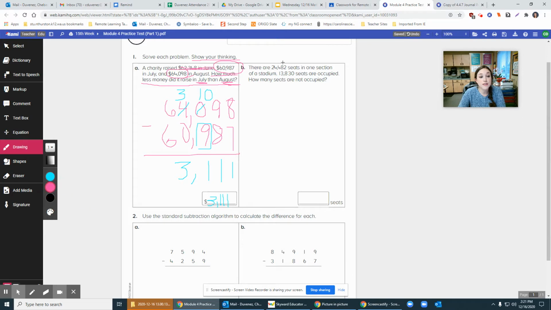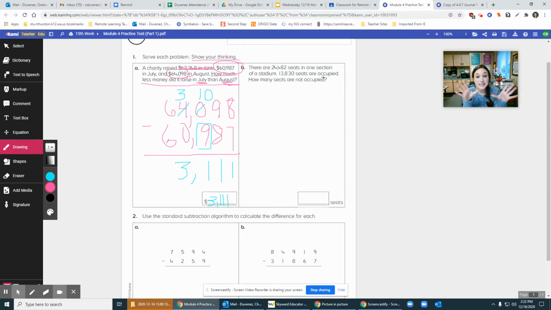There are 24,482 seats in one section of a stadium. 13,830 seats are occupied. So if you've ever been to a Sounders game or a football game, like a Seahawks game, or even watched one on TV, that's a stadium where they play.